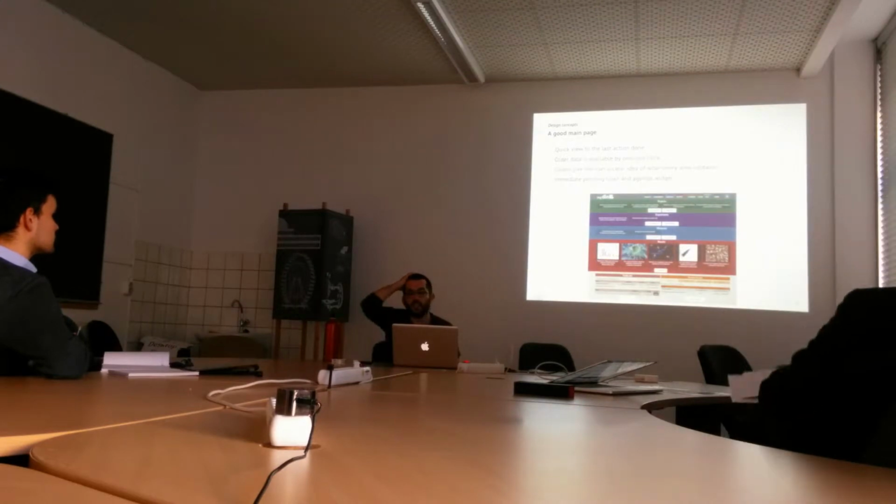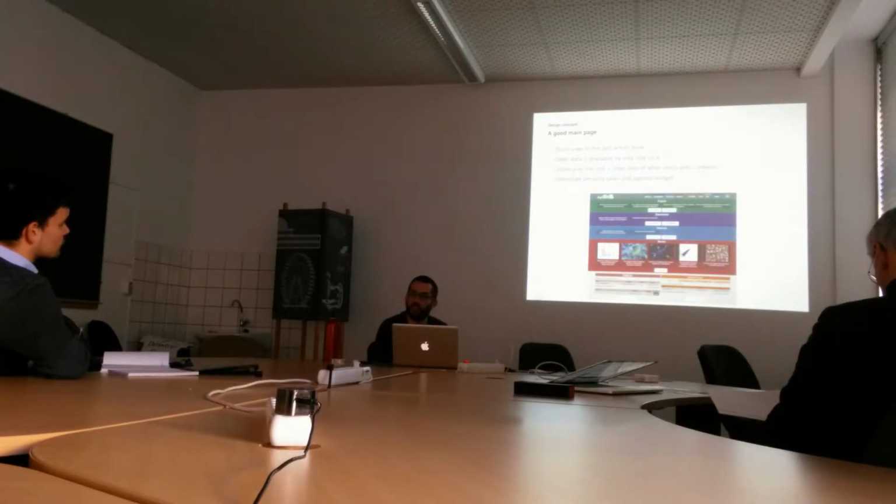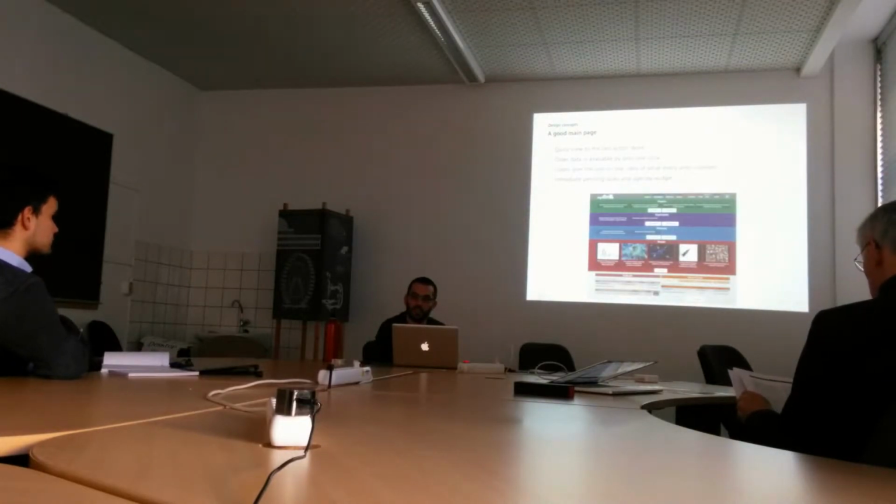A good main page is like the face of the app. As you saw before, it will be the place where the user arrives after login. And in this place, the user will have access to the latest 4 or 5 elements that were modified. Why did I decide to do that?